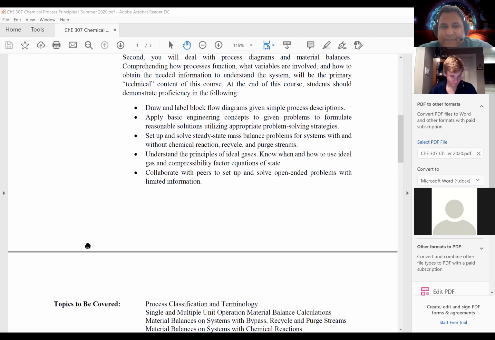And then, of course, looking at solving steady state mass balance, material balance problems for various systems. We have a whole lot of systems to discuss: things with and without chemical reaction, with and without recycle, bypass, and purge streams. There's a whole lot we can talk about. Then we're going to start looking at multi-component systems a little bit, considering ideal gases and non-ideal gases.